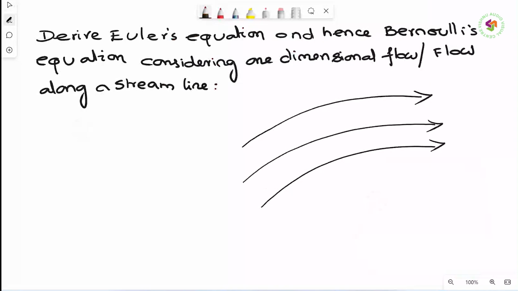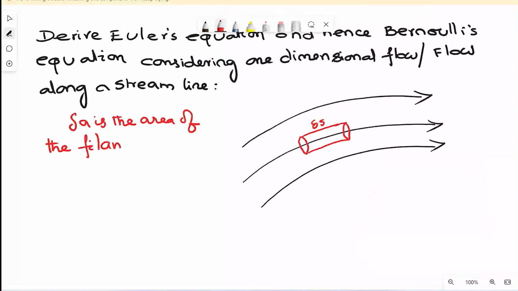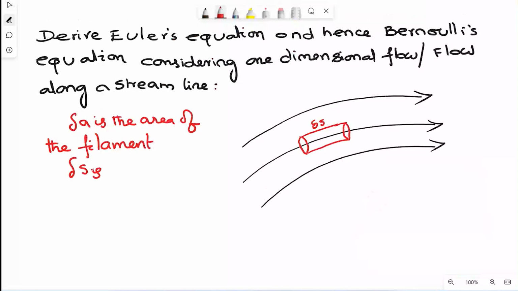If I take the streamline, I take an element in this streamline, a small element; we don't even call this an element, you can call this a filament, where delta S is the length of the filament and delta A is the area of the filament.